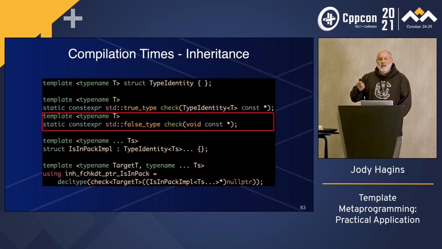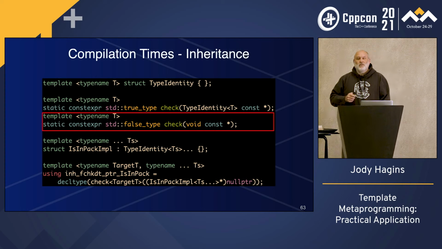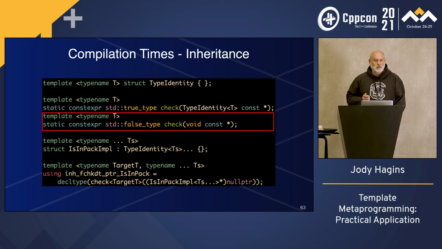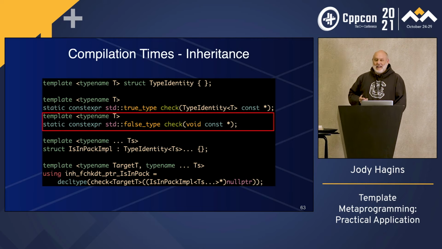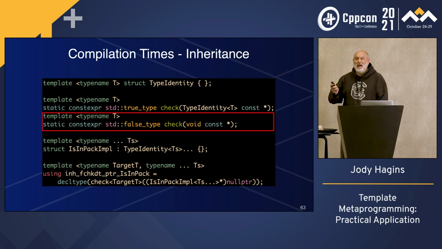Note, however, there's a limitation to this that the previous two implementations did not have. If you have a duplicate type in there, it will fail. Exactly. It does not support duplicate types. If you have multiple of the same type in here, you're going to get a hard error, and there is no way I know of to SFINAE that away.